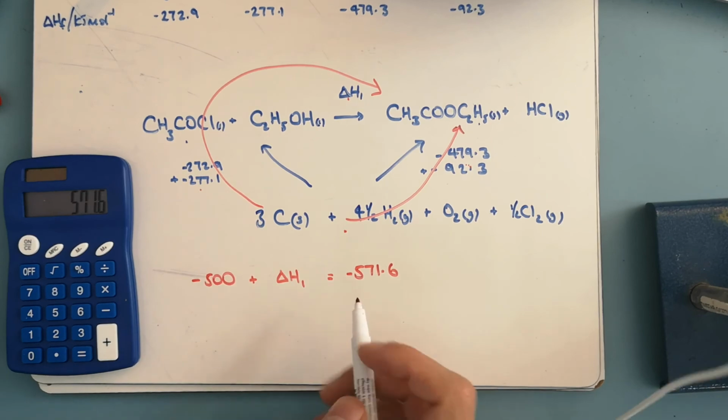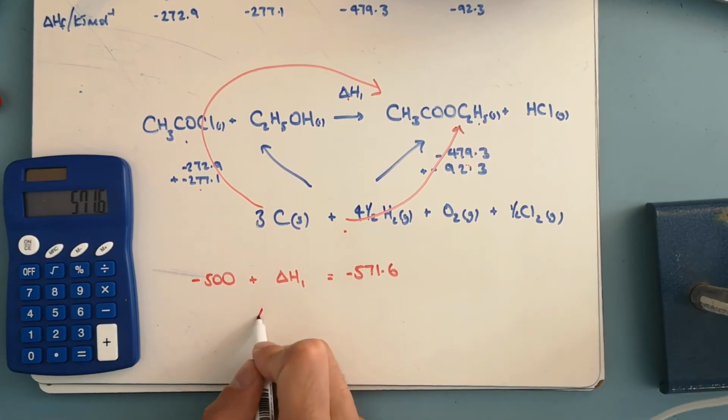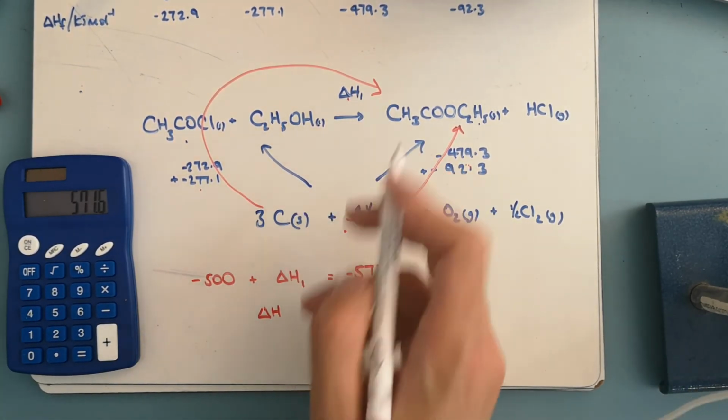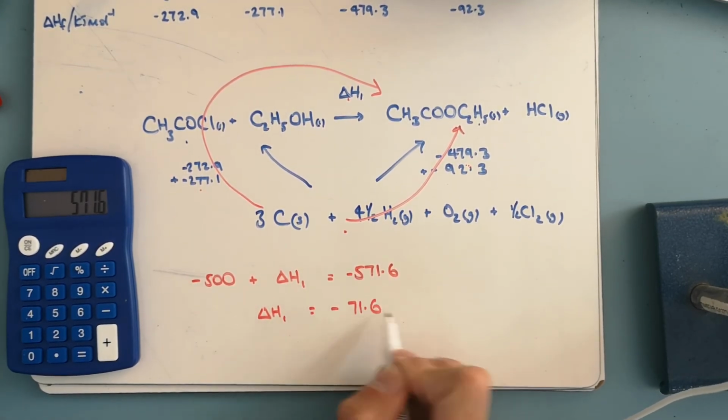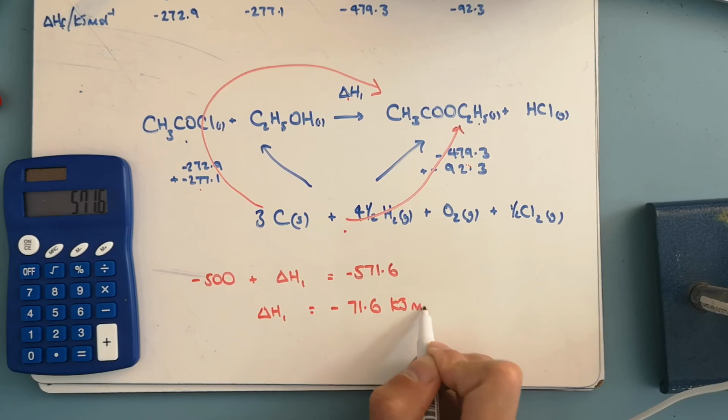So that's quite a nice one to do with 550 there. We know then that the enthalpy change in this reaction is going to be minus 71.6 kilojoules per mole.